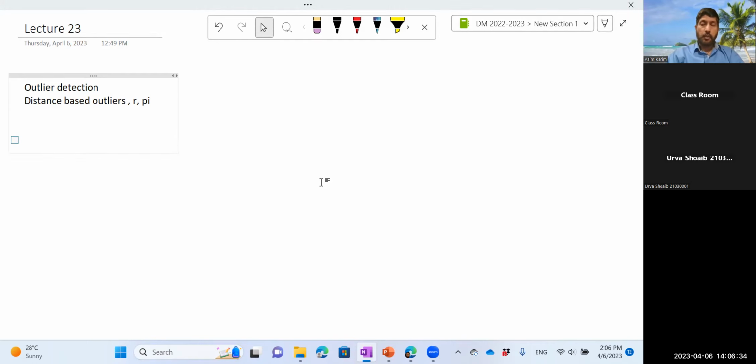Okay. So these parameters R and pi are global. They are defined for the entire data set. But oftentimes data sets have varying densities. You may have a region with a high density within the same data set and another region with low density.